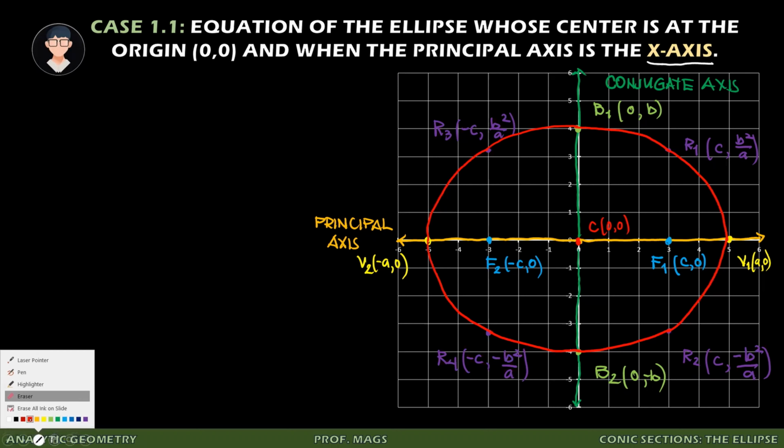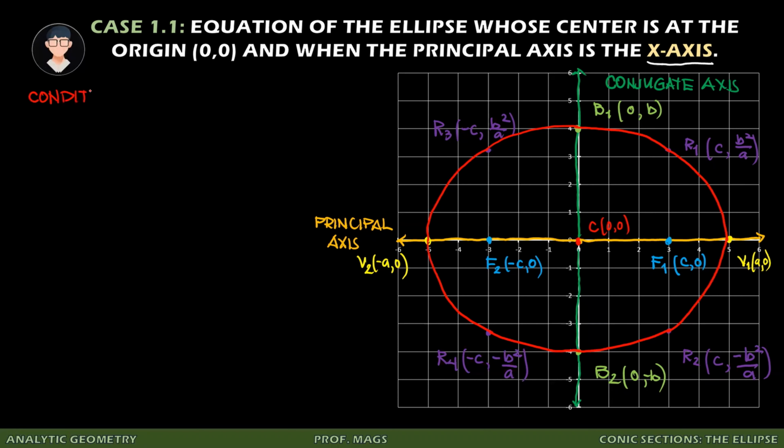But we have the condition right here. When a is greater than b or a is greater than c, we can say that the principal axis is the x-axis.